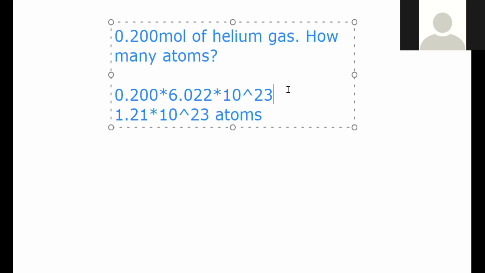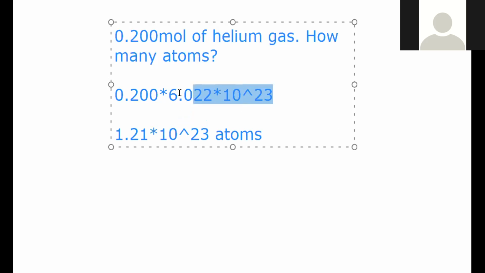So we're taking the number of moles times Avogadro's number, which is per 1 mole, and that gives us 1.21 times 10 to the power of 23 helium atoms.